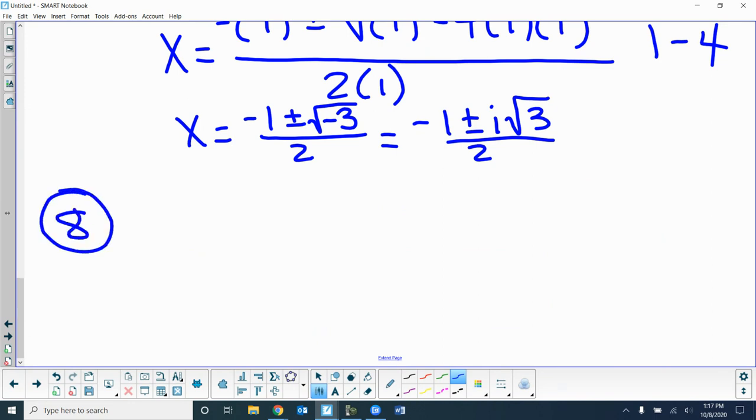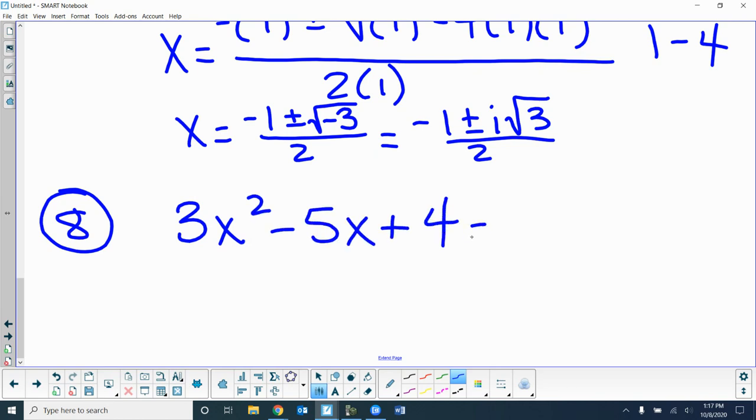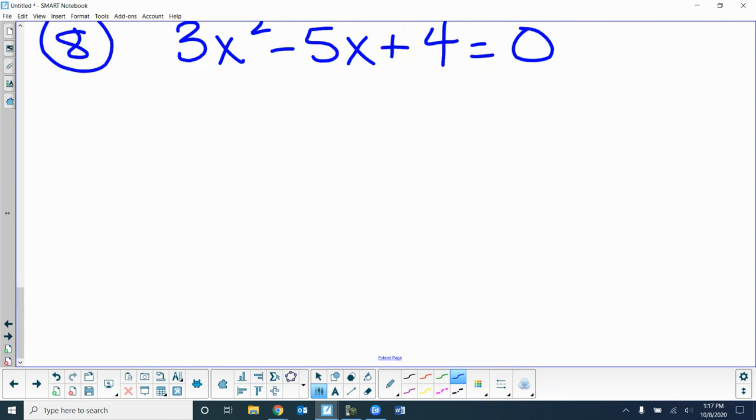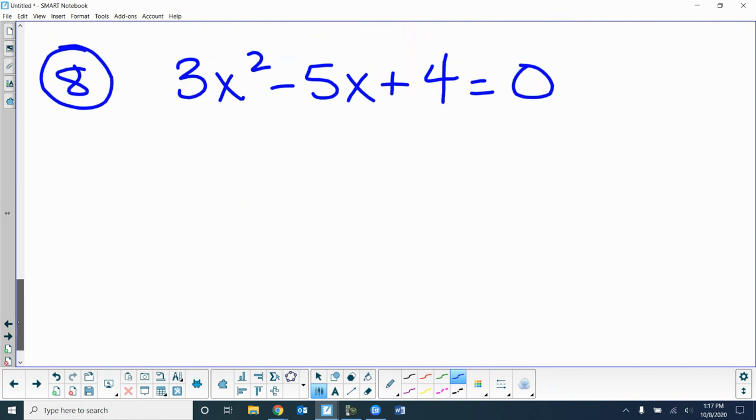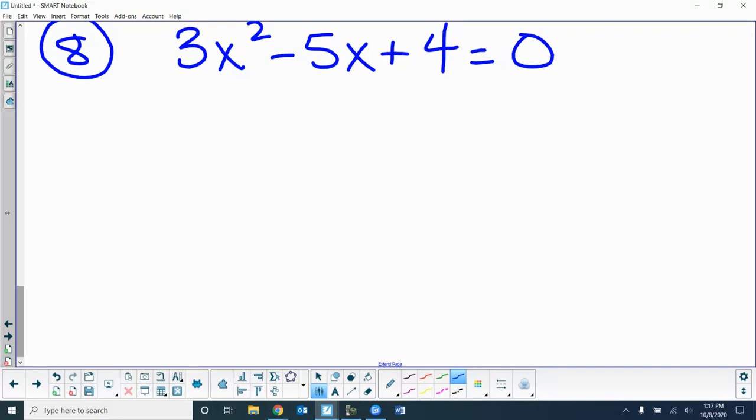All right, number 8. 3x squared minus 5x plus 4. It's already equal to 0. So I'm good there. A is 3. B is negative 5. C is 4.